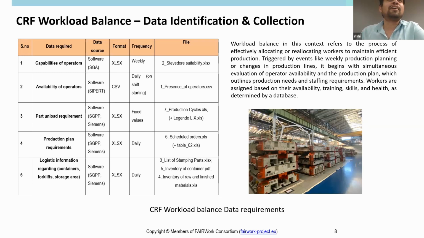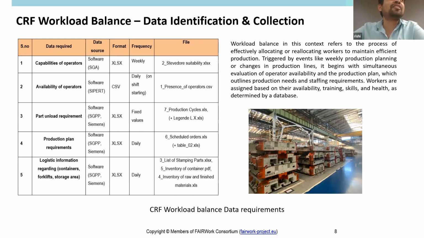The scenario is described like this: the plant manager takes the information of available operators on the given day, and also their training capabilities, meaning on which parts they are trained to work, based on their age and experience.